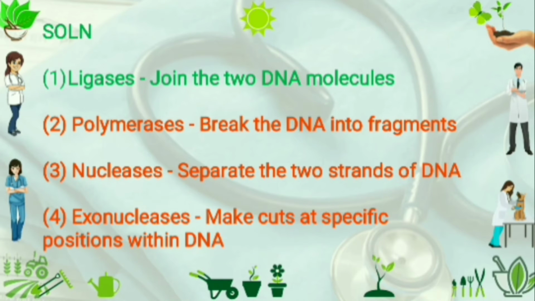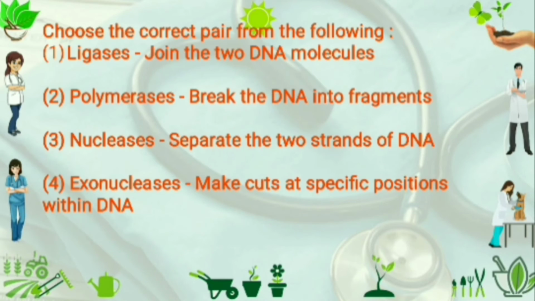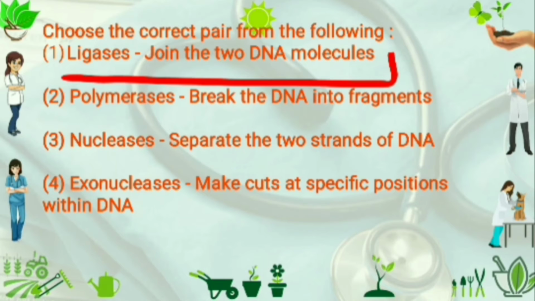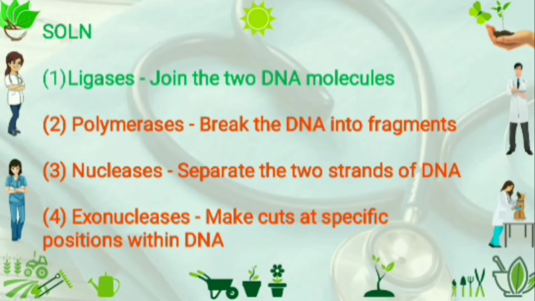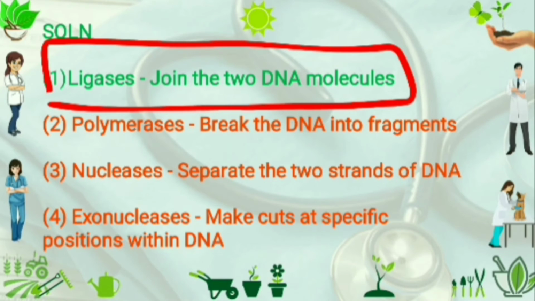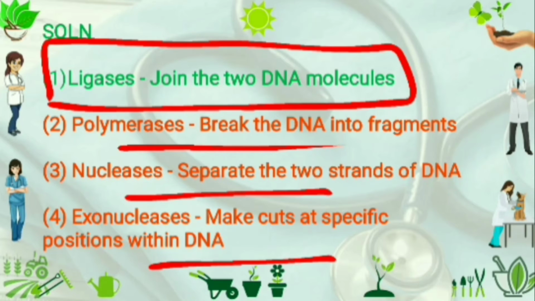Nucleases separate two DNA strands. Exonuclease makes cuts at specific positions within DNA. These are the functions. Here only the first is correctly paired. So the answer is A. These are the functions which are mismatched.